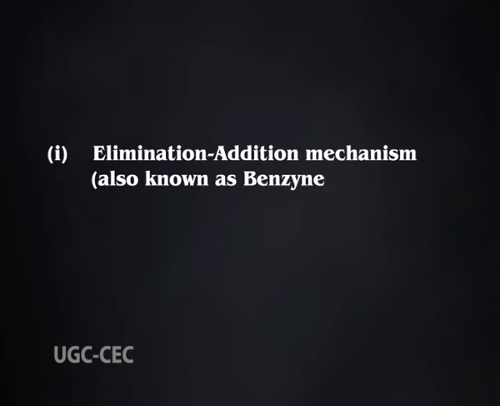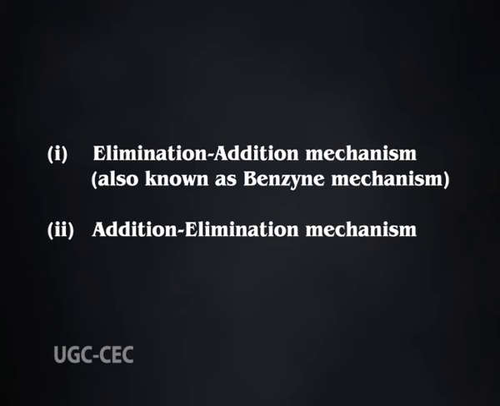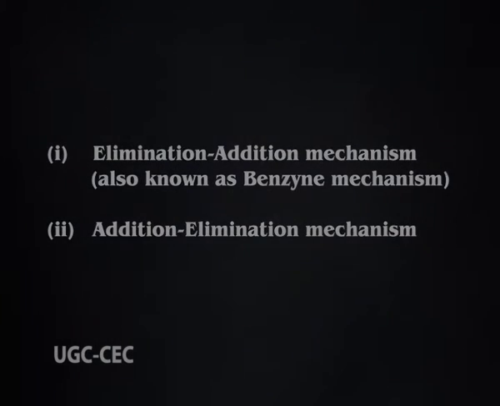Now, in aromatic nucleophilic substitution reactions, the substitution takes place at aromatic carbon atom, and it goes by two different mechanisms. Number 1, elimination addition mechanism. This is also known as benzyne mechanism. And number 2, addition elimination mechanism.